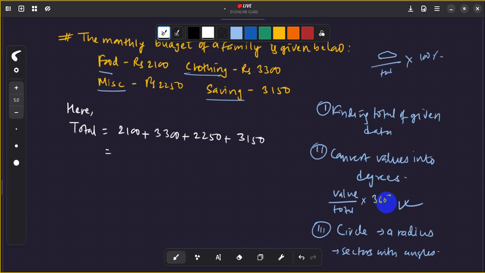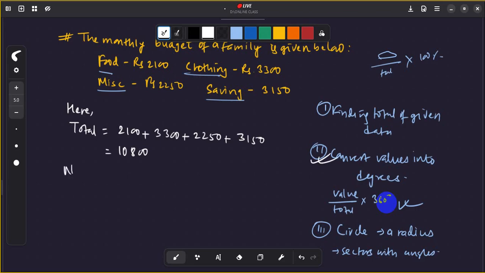How much will the total be? It is 10,800. Now let's go to the second step, converting values into degrees.